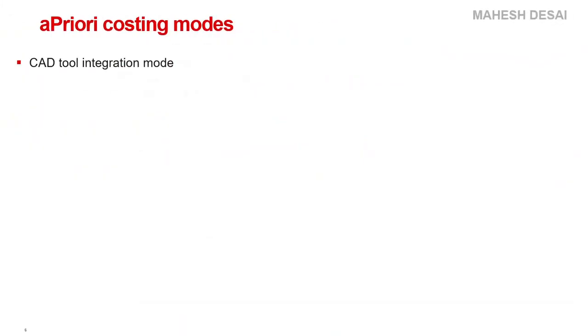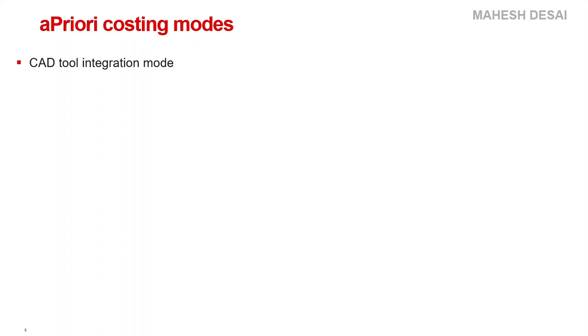So, aPriori costing modes. Basically, we have CAD tool integration mode. In this mode, aPriori is directly integrated with CAD tools. For example, when you open a CAD file in Creo, it will work simultaneously: that part will also open in the aPriori tool.